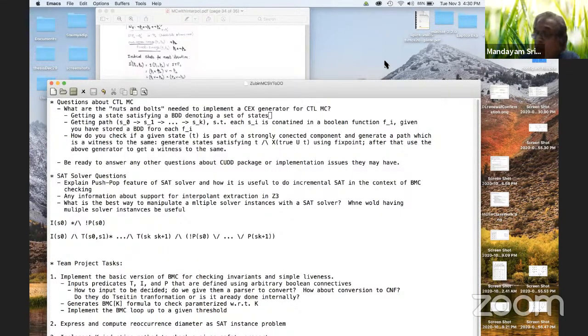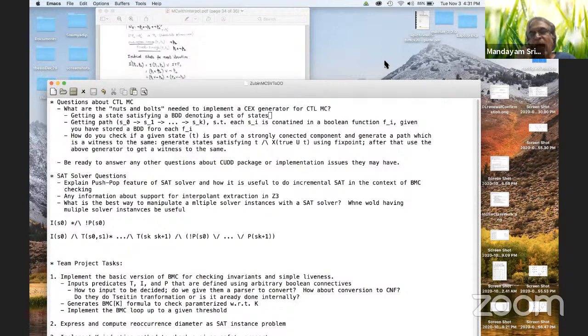So conceptually, what I'm saying is, if tau 2 intersects with I, then you know that there is a state which in one step gets you to tau 1, which is not P. So you have to extract from I intersection tau 1, that is your first state in the path.